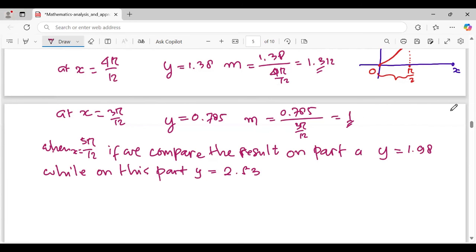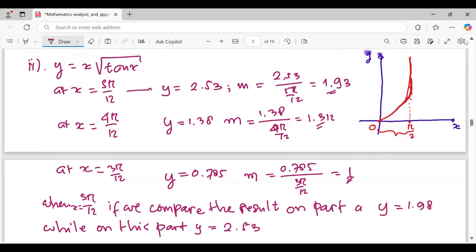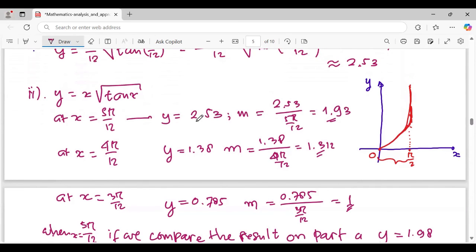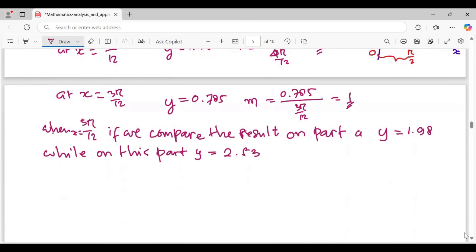Okay, if you compare this one, the gradient will be large.